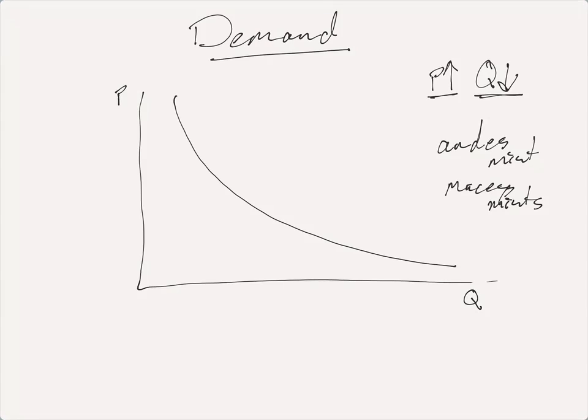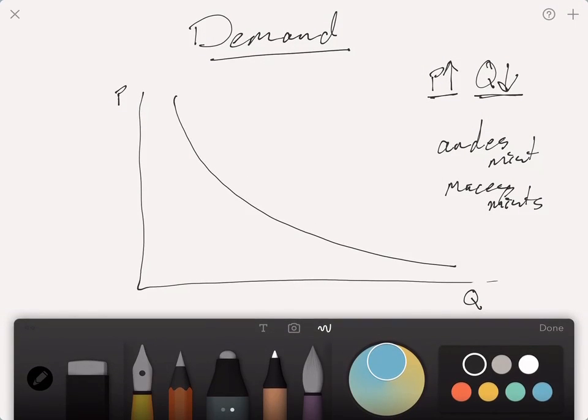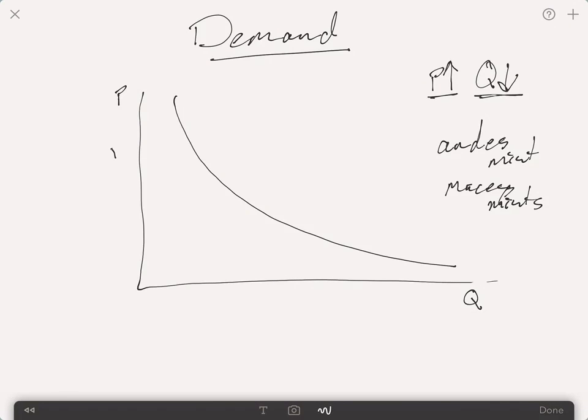So for a particular price, P prime, we can say that we have a particular quantity demanded Q prime. And that is demand.